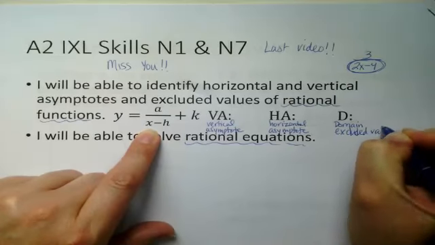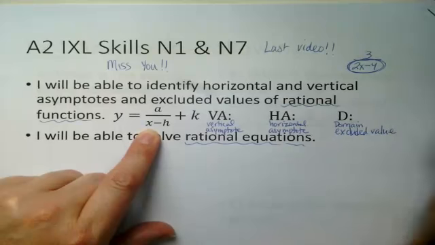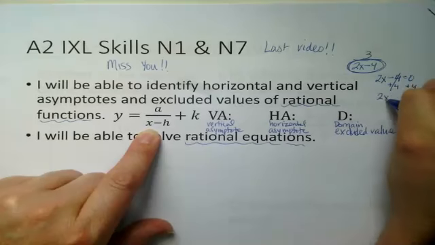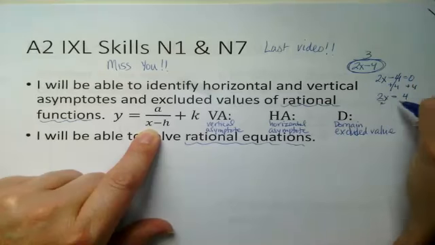You would get that from solving the denominator, setting it equal to 0 and solving for x. So you would add the 4 to both sides and then divide by 2 to get x all by itself.